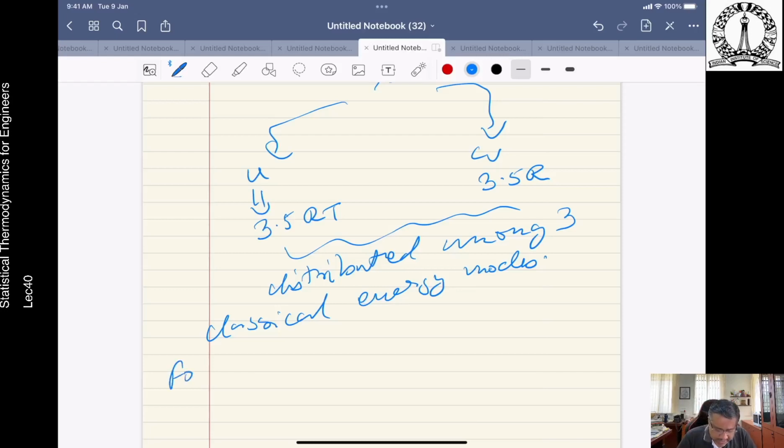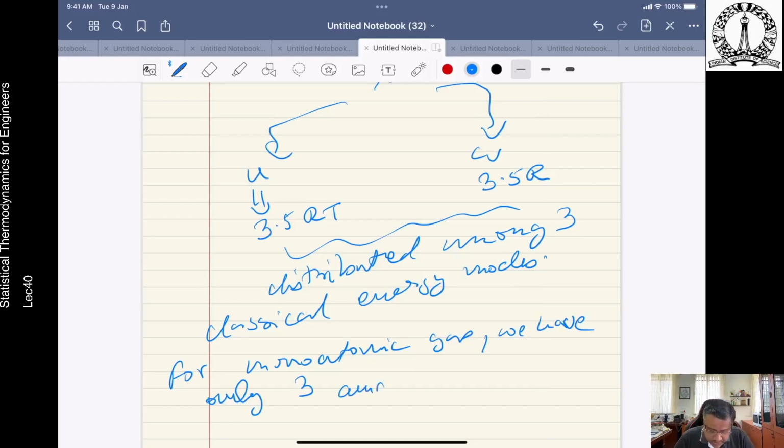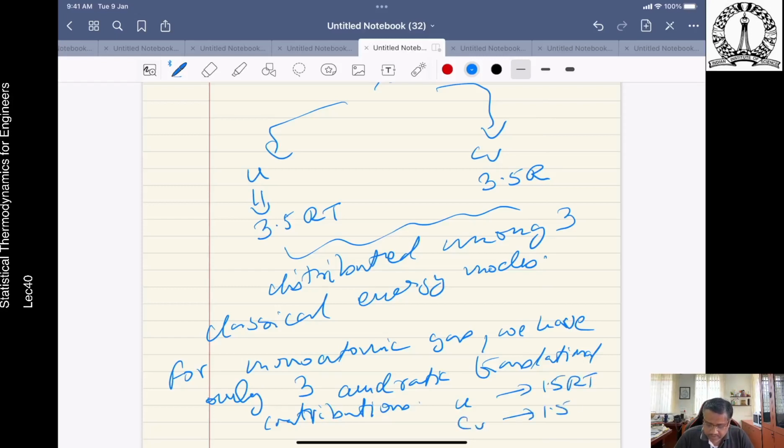For a monoatomic gas, however, we have only 3 quadratic translational contributions, and therefore U will be 1.5 RT, and CV will be 1.5 R, which is 3/2 R. The classical predictions for internal energy and specific heat agree very well with the quantum predictions for monoatomic gases.